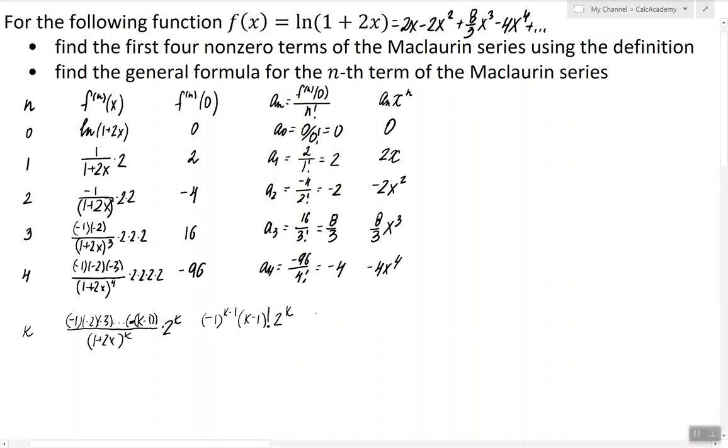And now finding a_k will give me, basically taking this term, 2 to the k, and dividing it by k factorial, as that's the formula. And now simplifying this a bit further gives me this result.